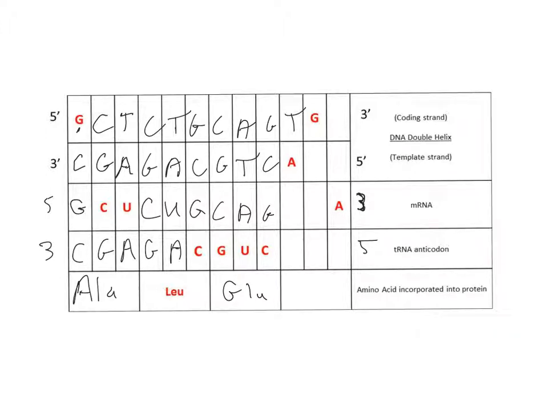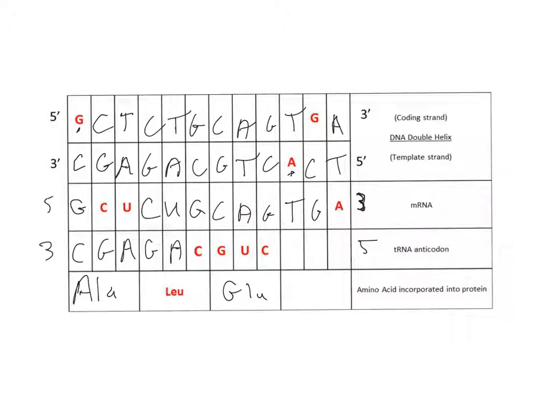So T, because coding's complementary to my template strand, which has A. Then we're over with a C here, again because of complementarity. The mRNA A is complementary to the template strand and similar to the coding strand. And from here I just continue to work my way around based on my knowledge of complementarity and which strands are similar.